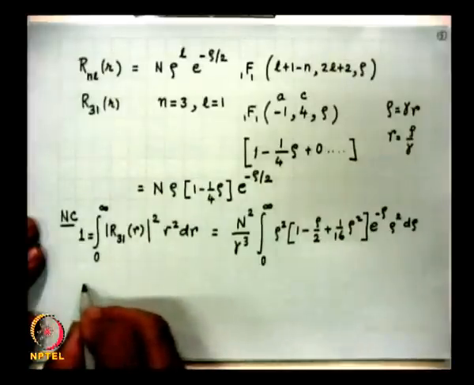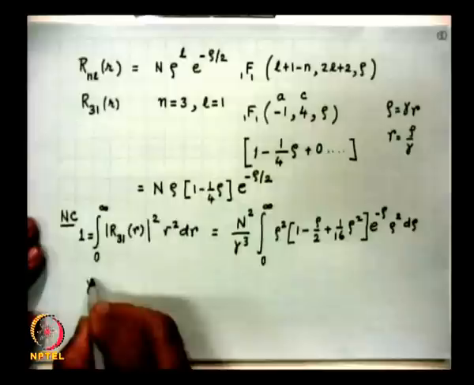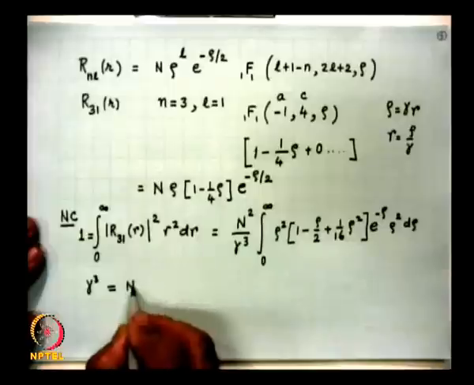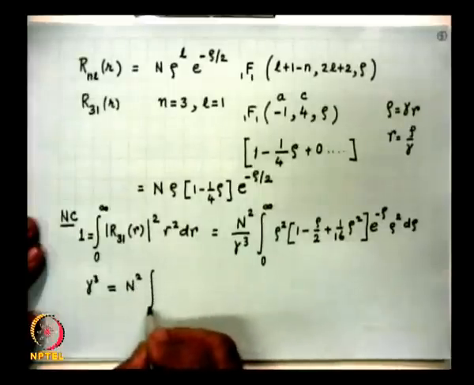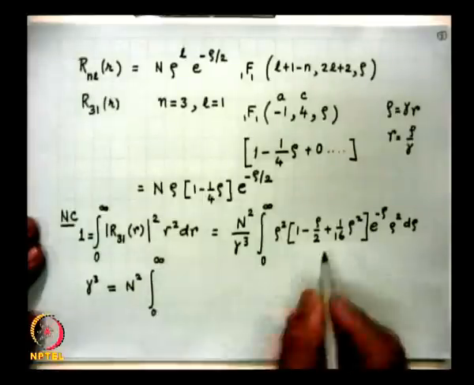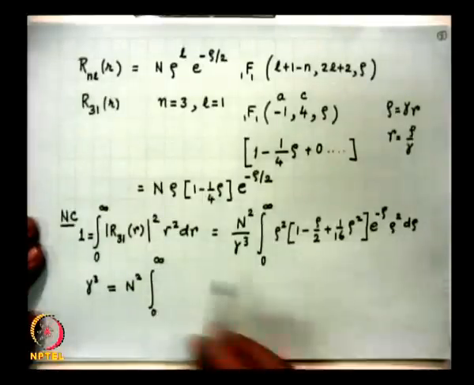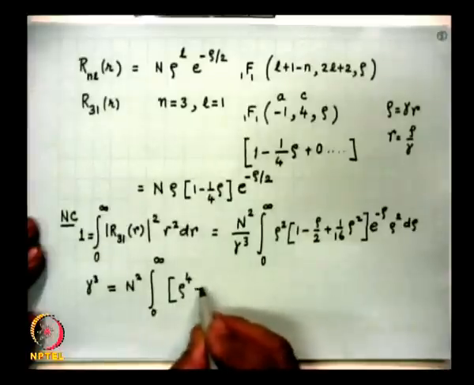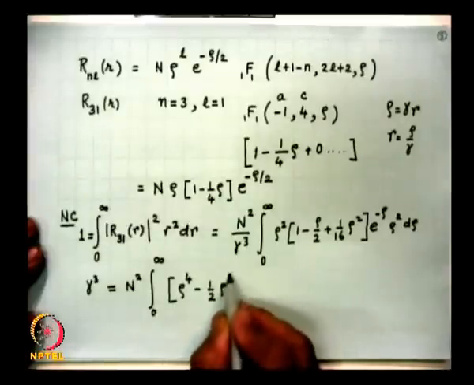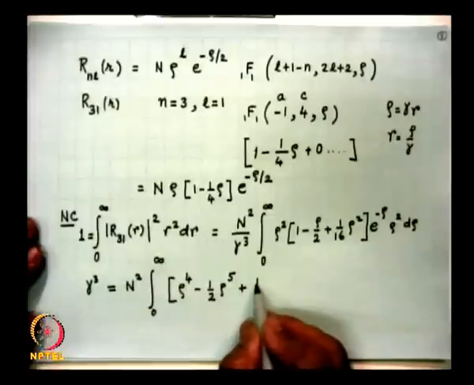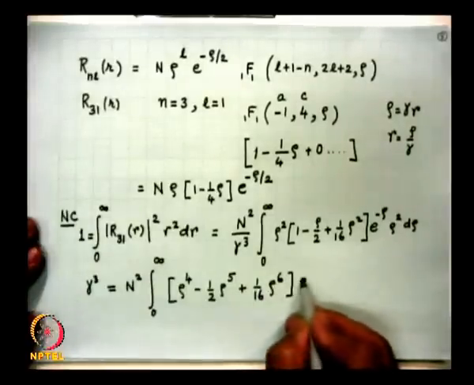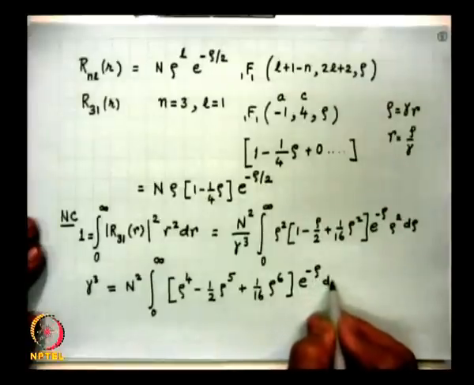So, therefore, if I take gamma cubed on this side, N square, 0 to infinity. The first term is rho to the power of 4, minus half rho to the power of 5 plus 1 over 16 rho to the power of 6, e to the power of minus rho d rho.